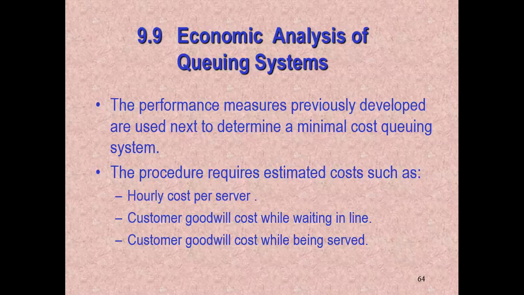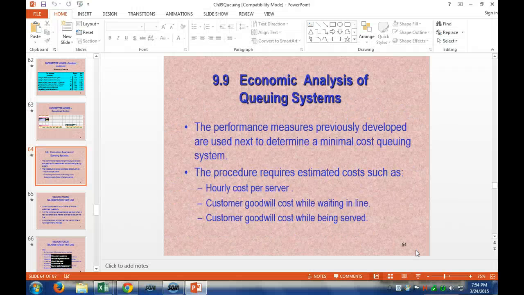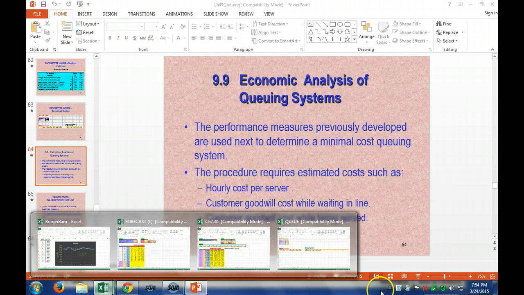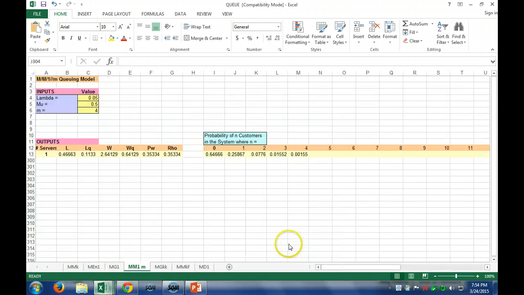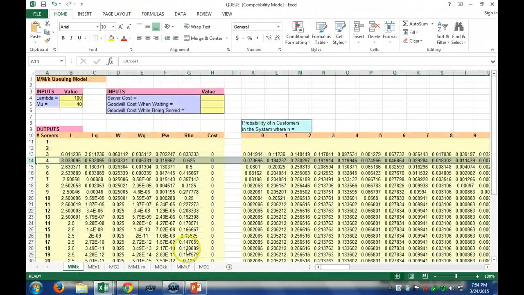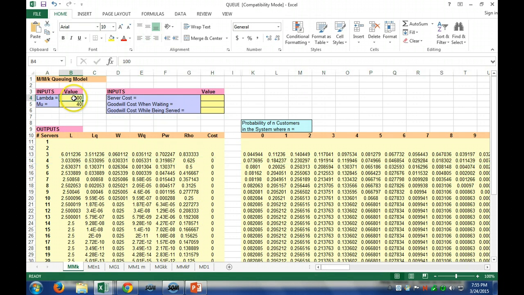So let's look at an example. I'm just going to wing this, but let's go back to MMK, and I think our lambda was 100.